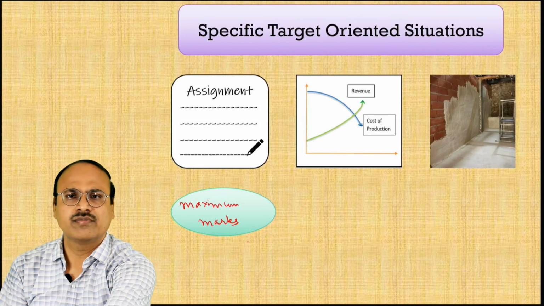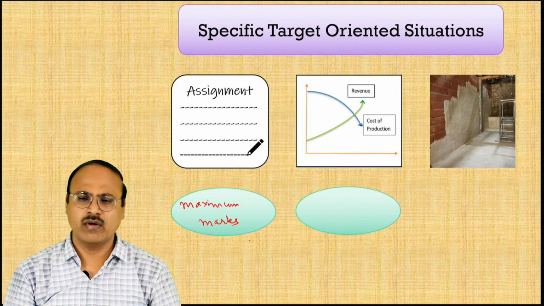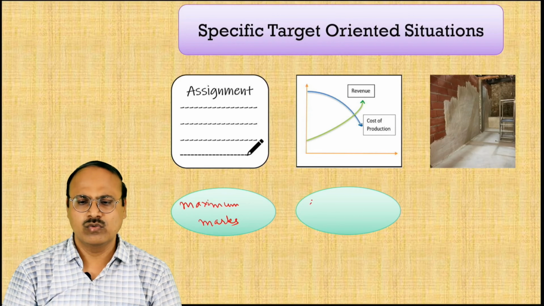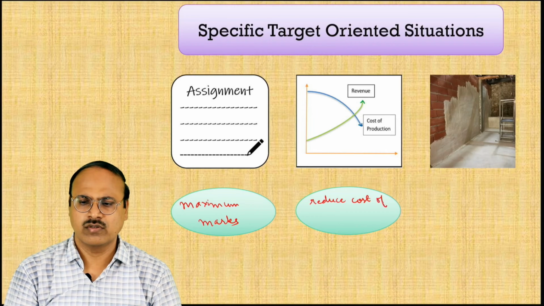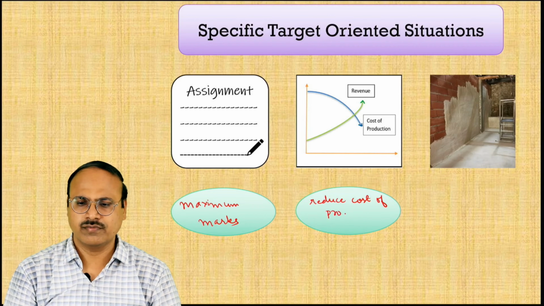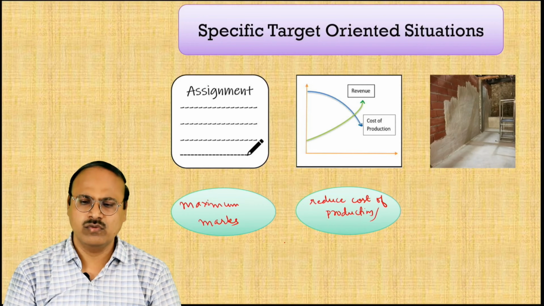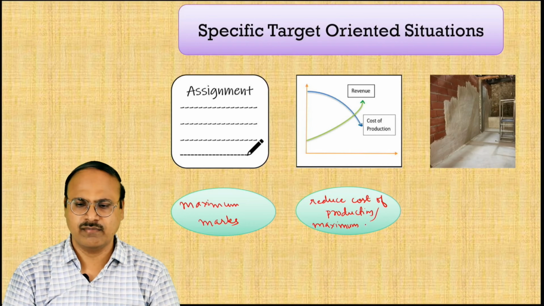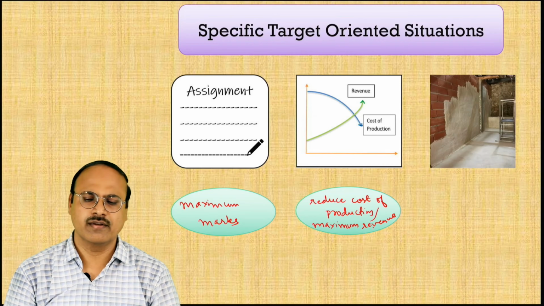In the case of the company, the objective can be, as I said, to reduce the cost of production. And also it can be to have maximum revenue. Just as we have maximum marks for the assignment, maximum revenue can also be one of the targets.